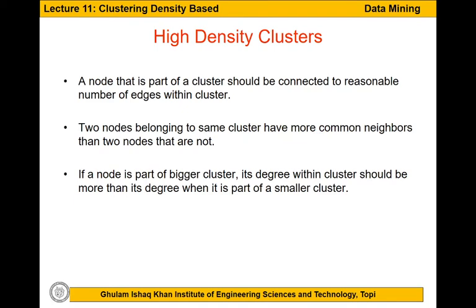And another important observation here is that if a node is part of a bigger cluster, its degree within the cluster should be more than its degree when it is part of a smaller cluster, right. I assume you know about graphs, but since the concept of degree has been mentioned here, for example, this is a node, this is a node, this is a node, and this is a node, and let us connect them using edges.